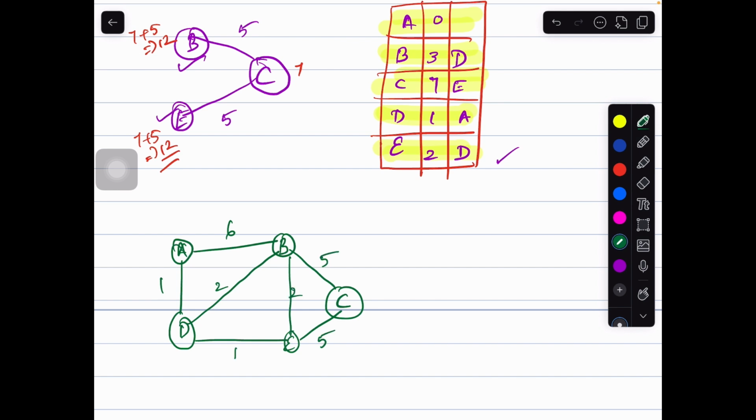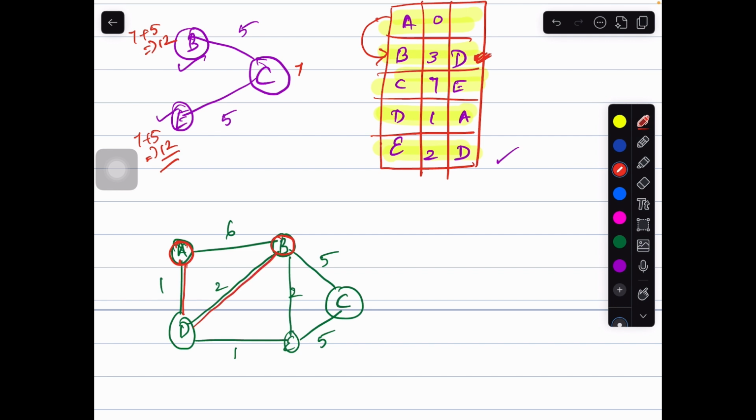Fine. Now let me tell you, in order to travel from vertex A to B, it has to travel only through D. The previous vertex for node B is D. So in order to travel from vertex A to B, it has to travel only through D and this is the path.